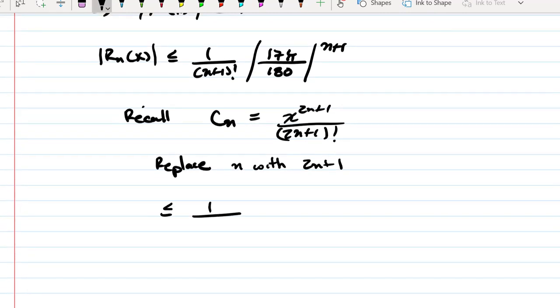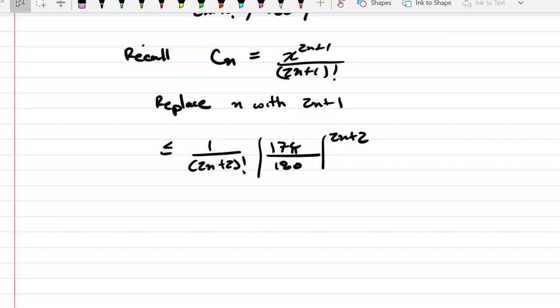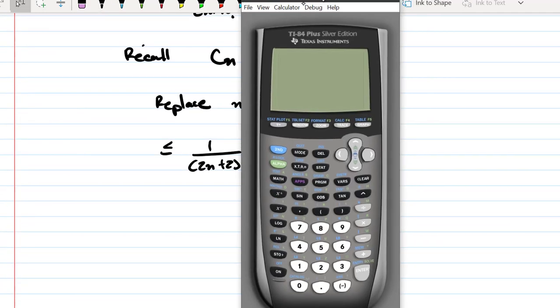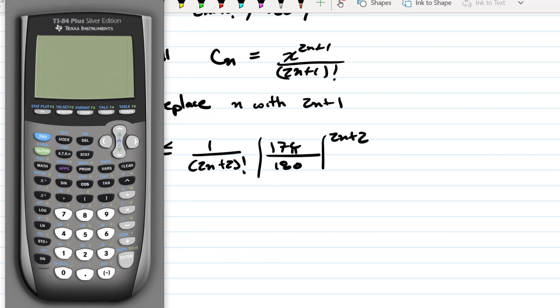It's going to be 1 over 2n plus 2 factorial, times 17 pi over 180 to the 2n plus 2. So now if we grab our calculator, we know our error has to be less than this.